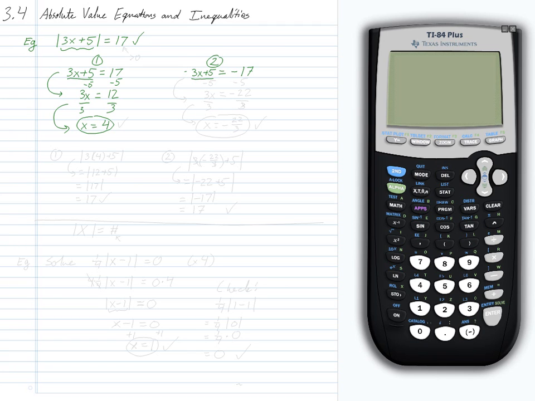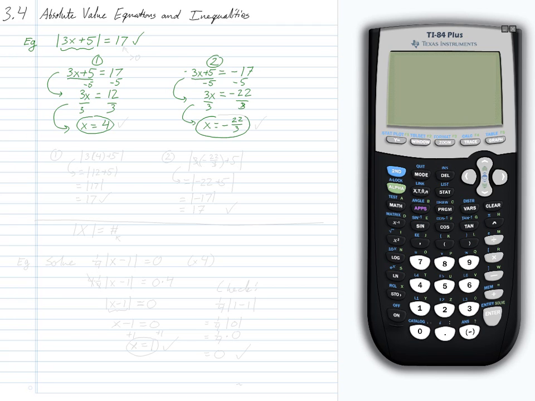Let's solve the other equation first. If I subtract 5 here, I see that 3x is equal to negative 22. So x is equal to negative 22 thirds.